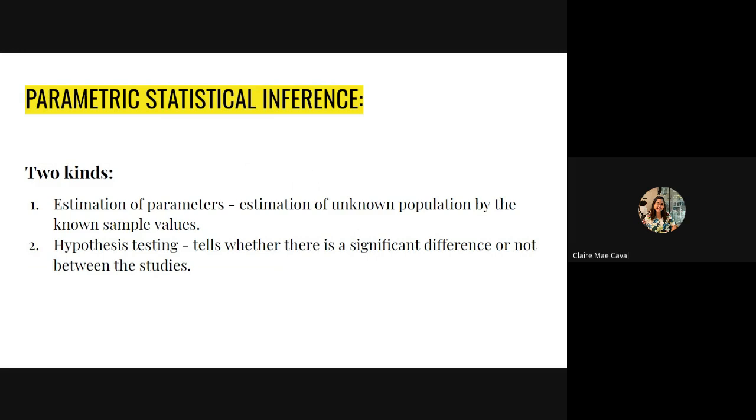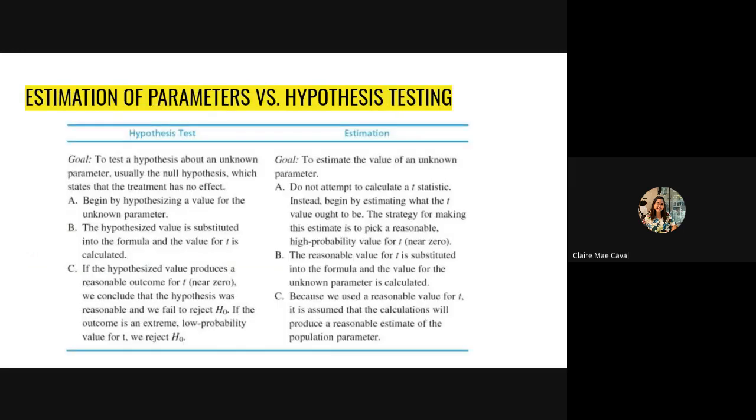For example, in studies dealing with treatments, hypothesis testing will tell you if there is a significant difference between treatment A and treatment B, or the previous and the present treatment, while estimation of parameters will tell you how much the effect is. Again, estimation of parameters and hypothesis testing are two kinds of parametric statistical inference.